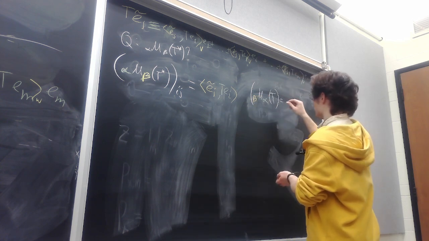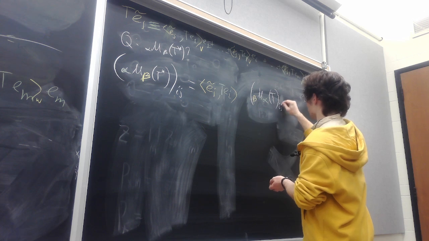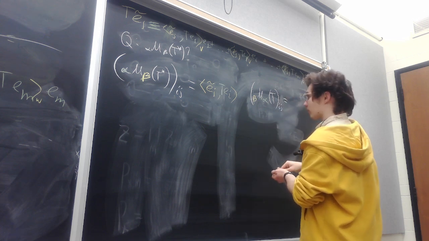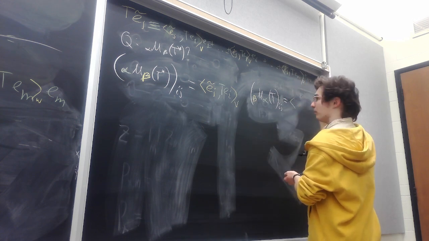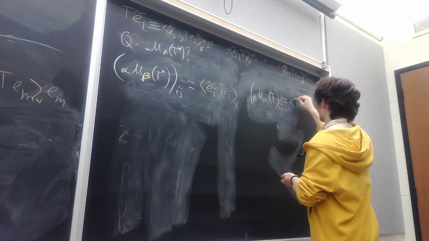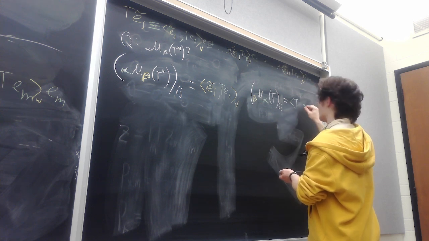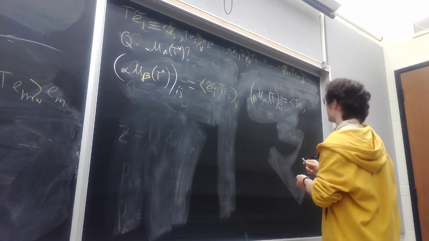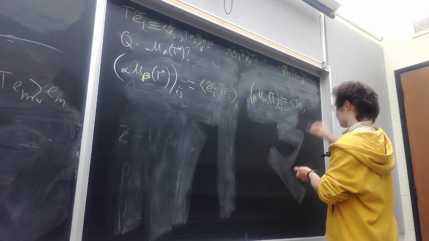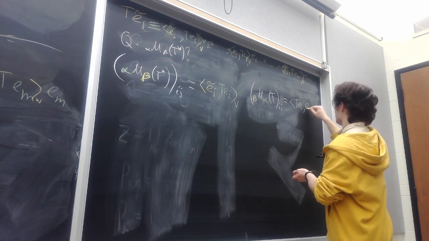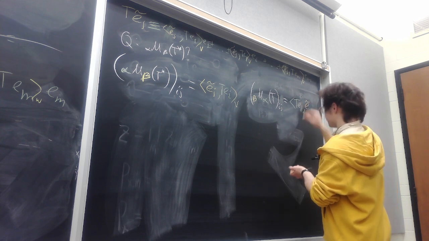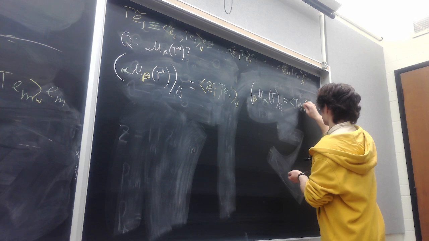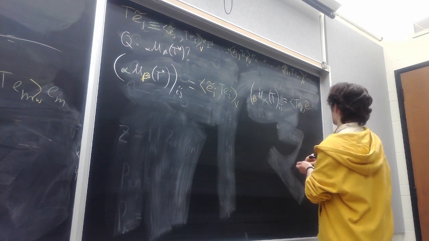This matrix element, the ith and jth component, was the inner product in W of T EI with EJ tilde.